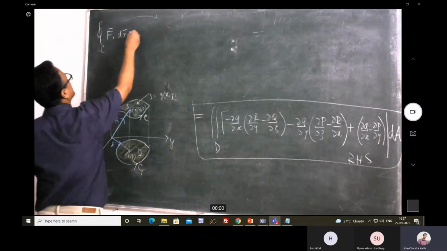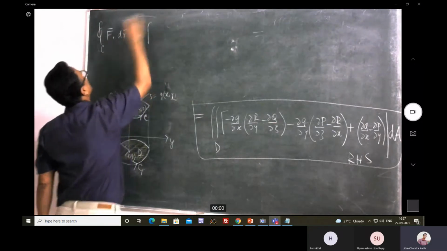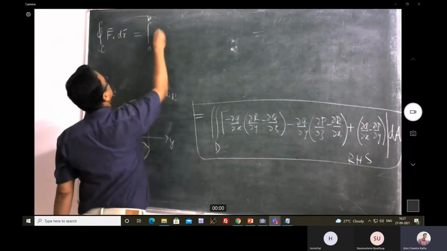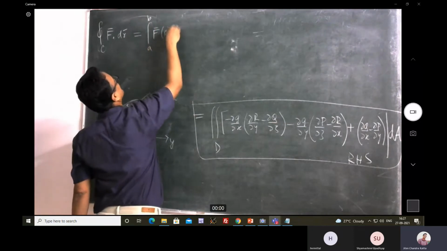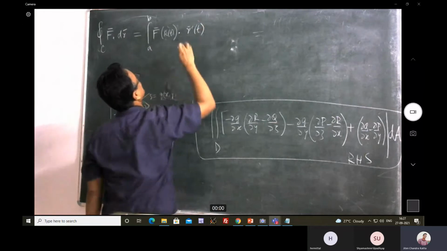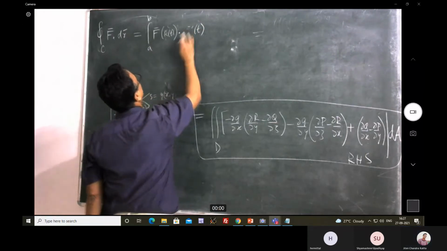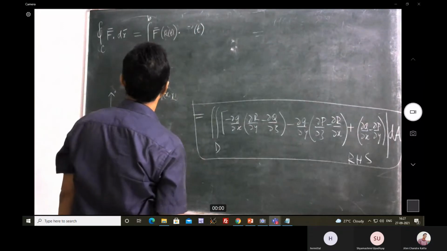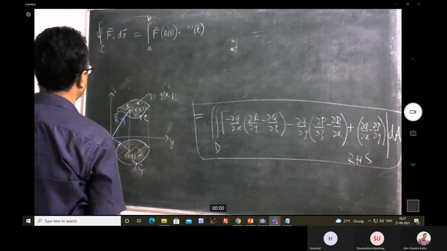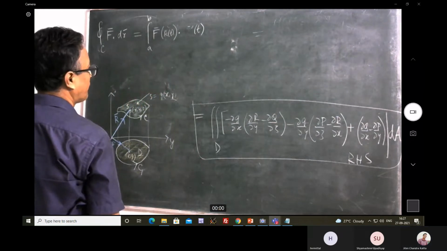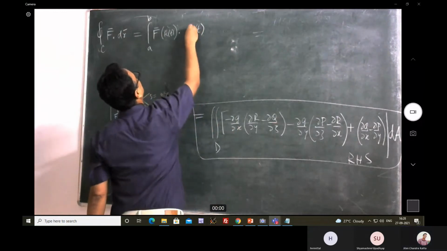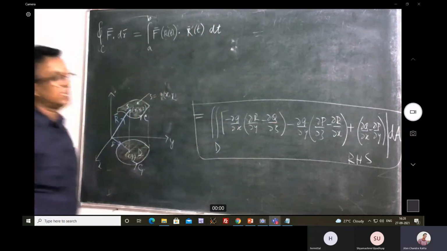And if I convert it in terms of the parameter t, then you know that this is going to be something like F of R(t) dot R prime(t) dt.